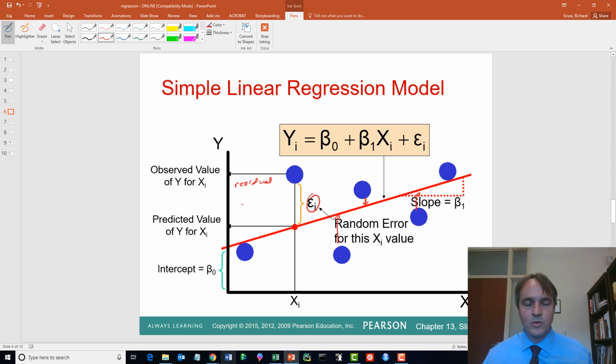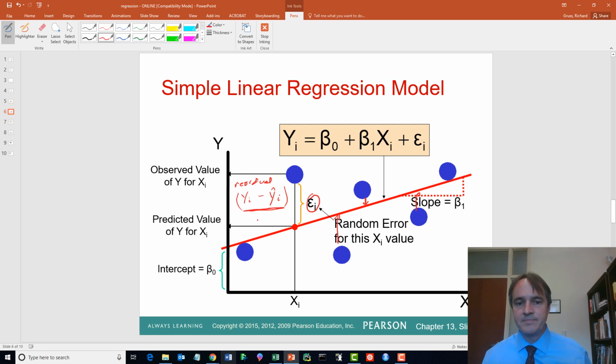And so this is going to be the real y sub i minus the value we predicted, so minus y hat sub i. So that's what our residual is. So what we're trying to do is to minimize our residuals.